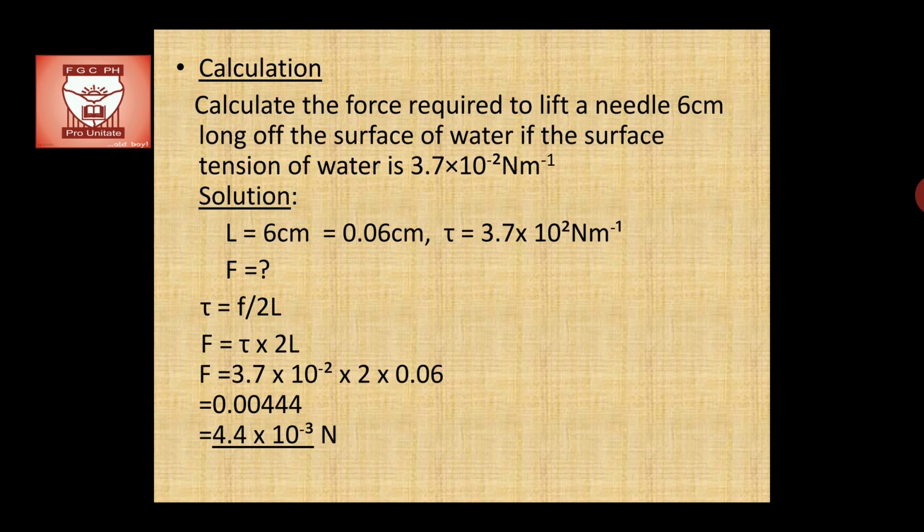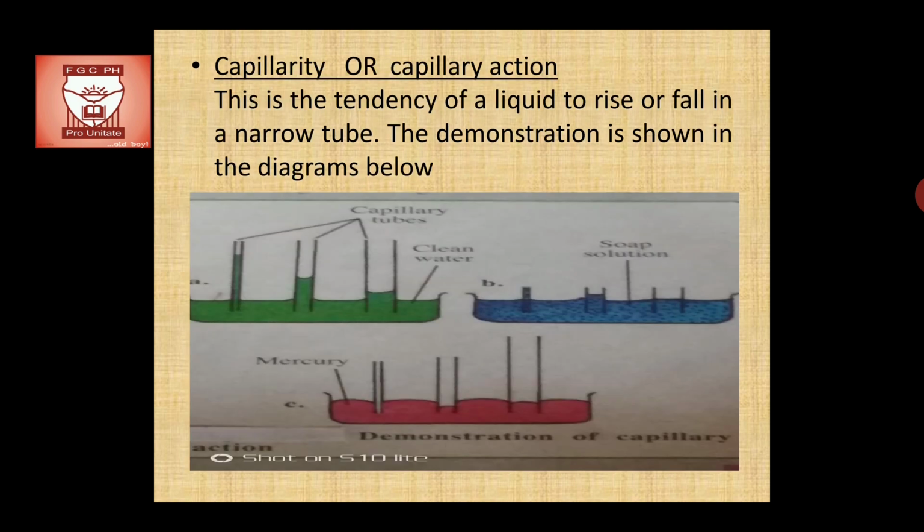First of all, make F the subject of the formula. You have surface tension symbol there, times 2L. Now do substitution. 3.7 times 10 to the power minus 2 times 2 times 0.06 equals 0.00444. Put it in standard form. You have 4.4 times 10 to the power minus 3 newtons. Is that okay? We move forward.